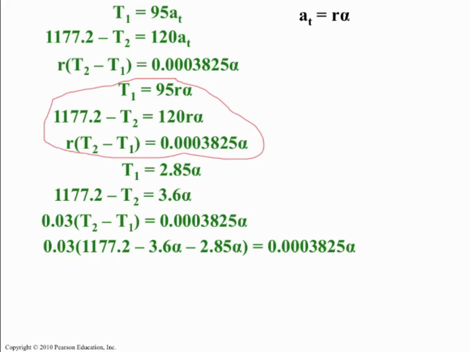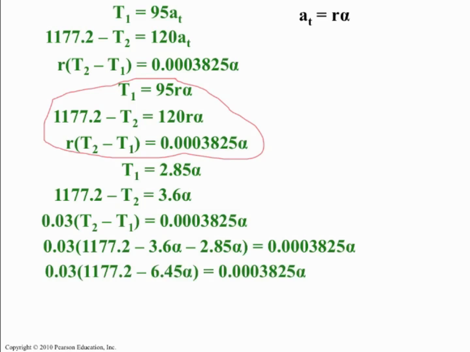That's why I put that expression in for T2 down here. Then I just put all of that in, and I have a final equation in terms of alpha and constants. And so we can solve for alpha.